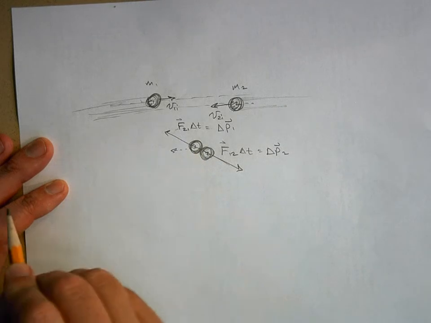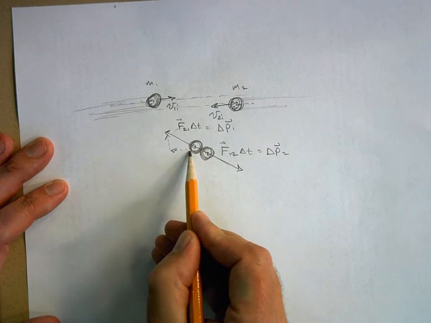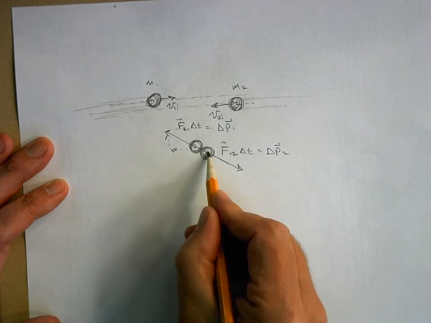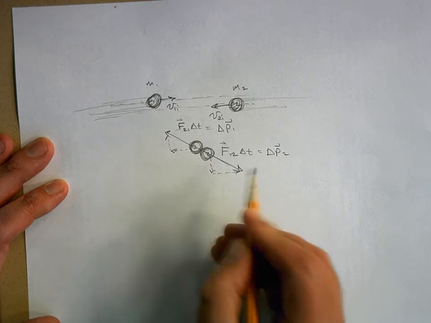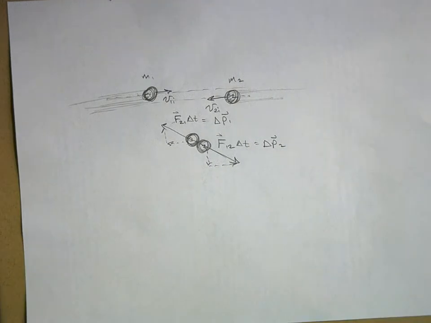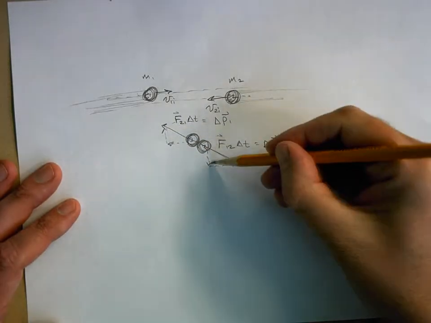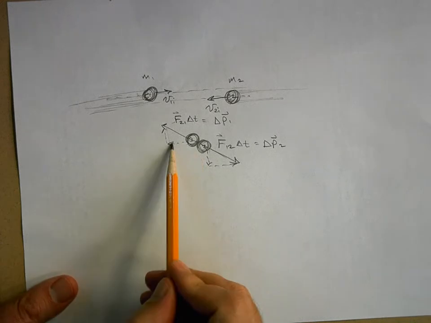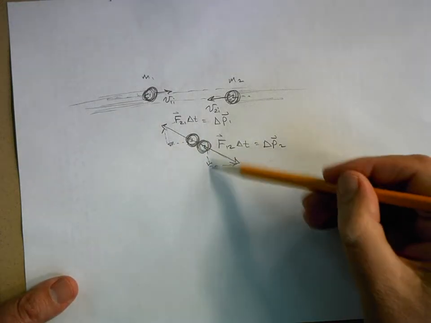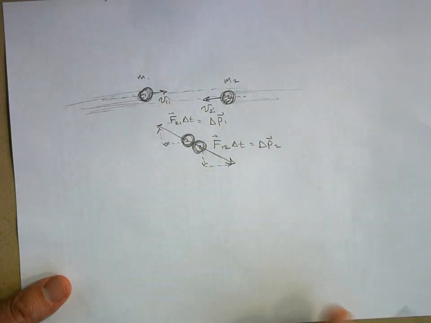Here's the x component, and here's the y component of the change in momentum of object 1. And here's the y component, and here's the x component of the change in momentum of object 2. And this change in momentum and this change in momentum are equal and opposite. And the x and the y's are both equal and opposite.